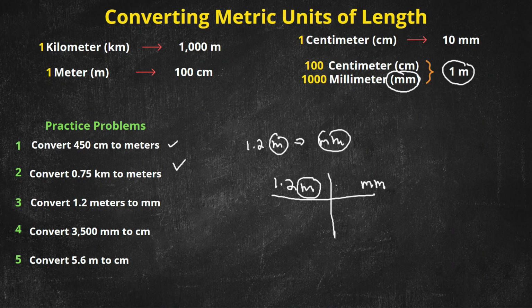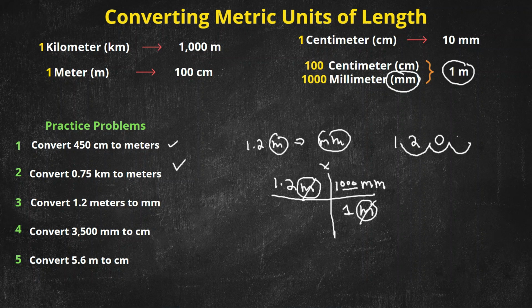So, 1000 millimeters is equal to 1 meter. Now, having these two units, we can cancel them out. Now, remember the upper part, we simply multiply. Let's rewrite this over here and let's move 3 places towards the right because we are multiplying: 1, 2, 3.